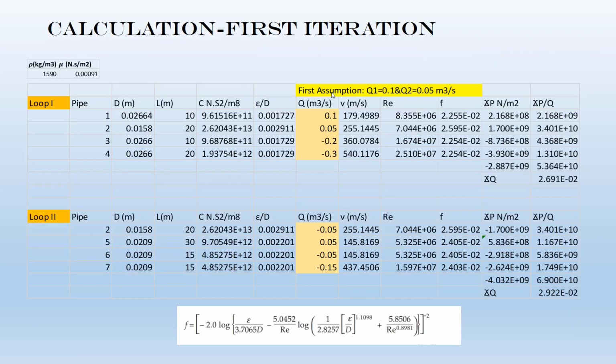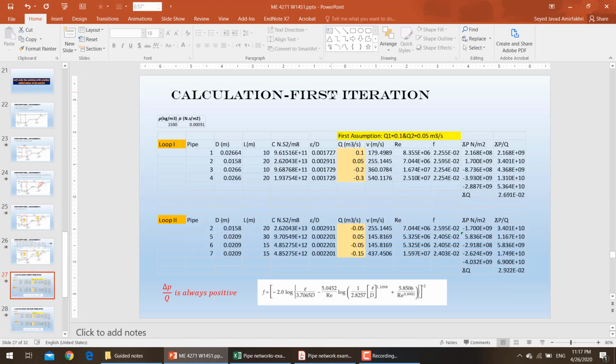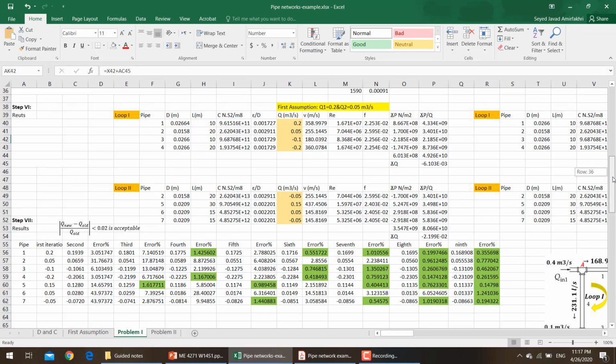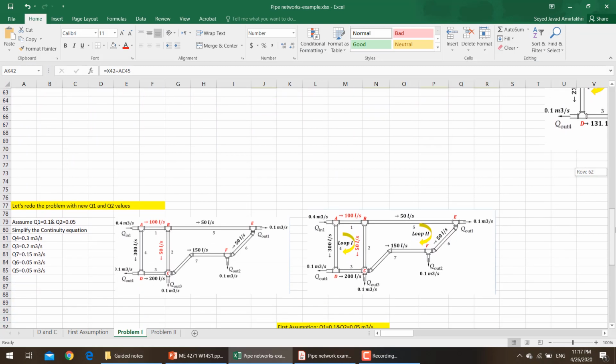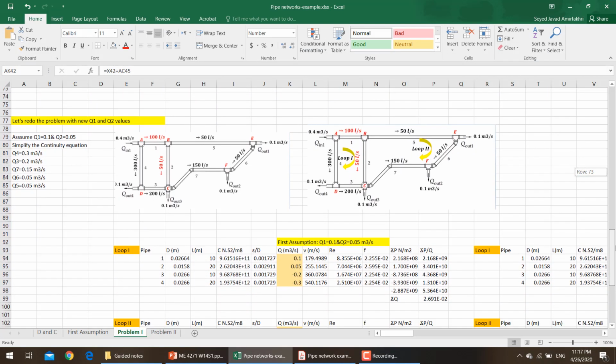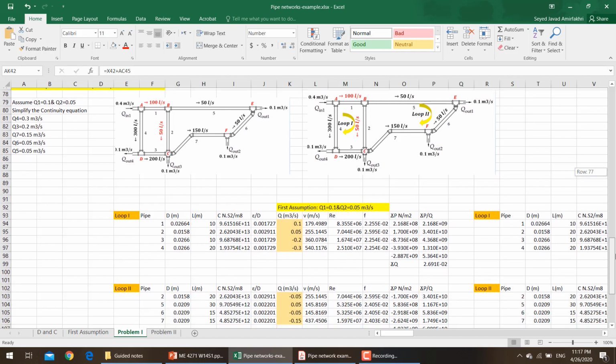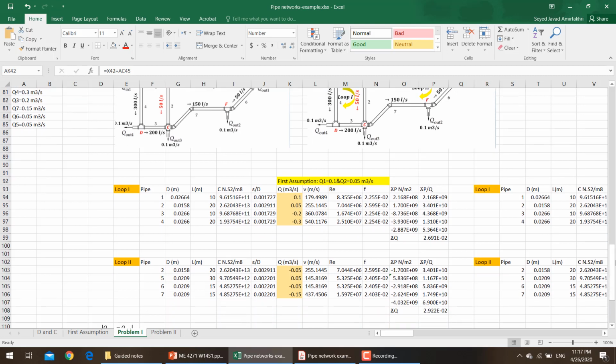Now the next step, you need to just set the tables. So I have the tables here. Let's scroll down. Here you can see the results for Q1 and Q2 equal to 100 liter per second and 50 liter per second.